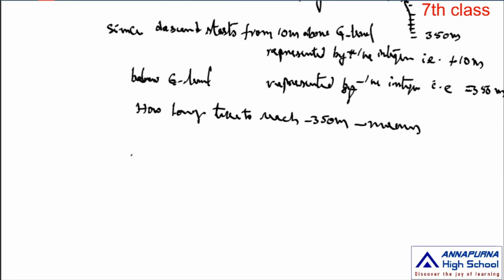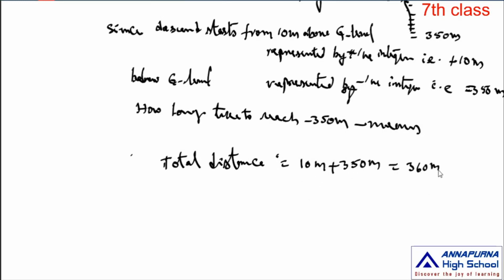Therefore, total distance traveled is equal to 10 meters plus 350, not minus 350. When you find the distance, you just put the positive integer, which is equal to 360 meters. Total distance traveled is 360 meters.